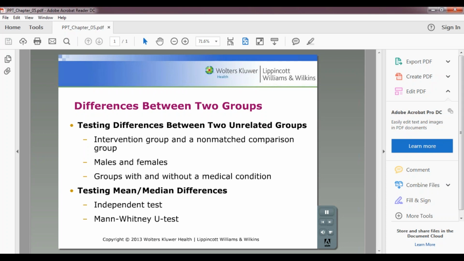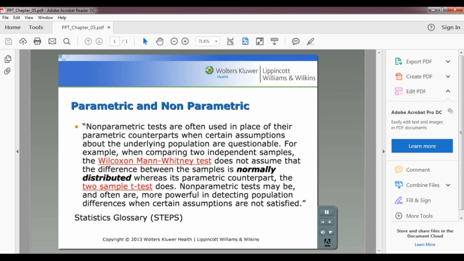So you need that dichotomy to separate the two groups. Testing the mean differences is for the independent t-test, and if we're looking at the median differences, we would use the Mann-Whitney U-test.